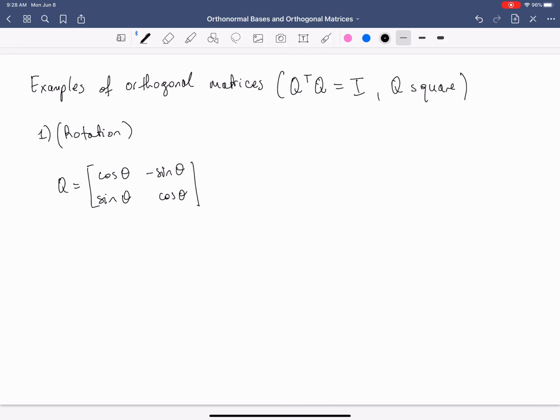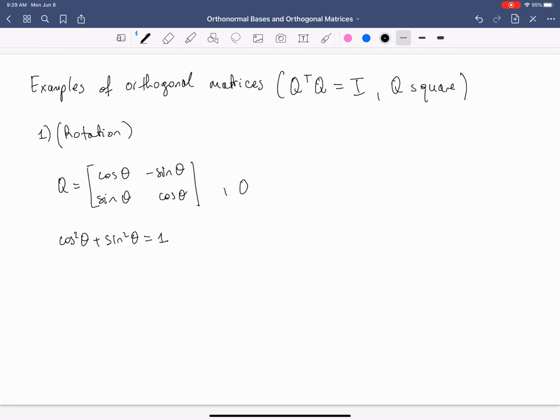Well, clearly the dot product between these columns is 0. But also, if you look at the length of the first column or the second column, it would be the same expression. The length squared would be cosine squared theta plus sine squared theta, but we know that this is equal to 1. So this is an orthogonal matrix.